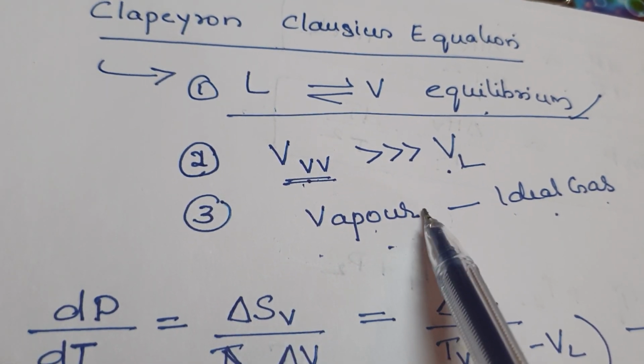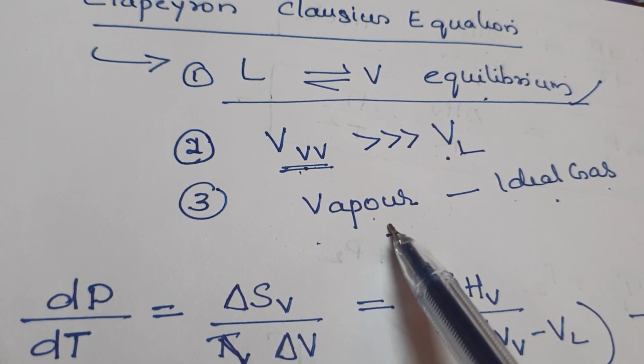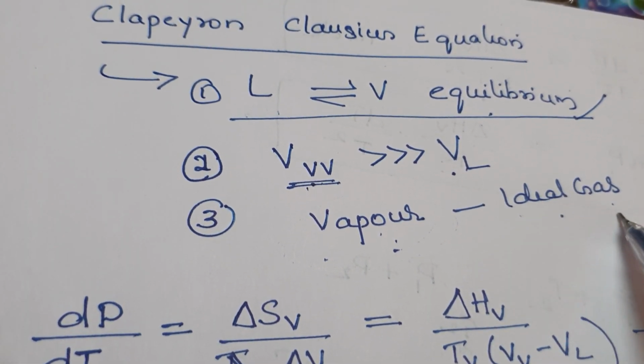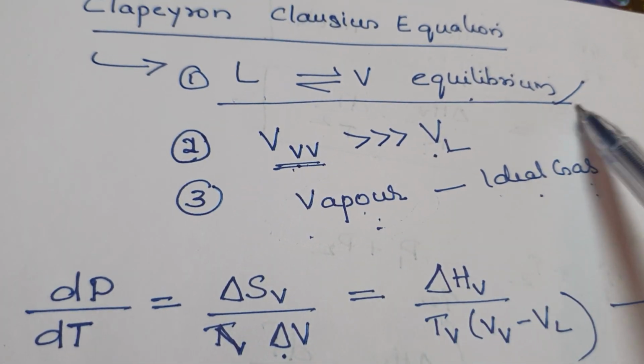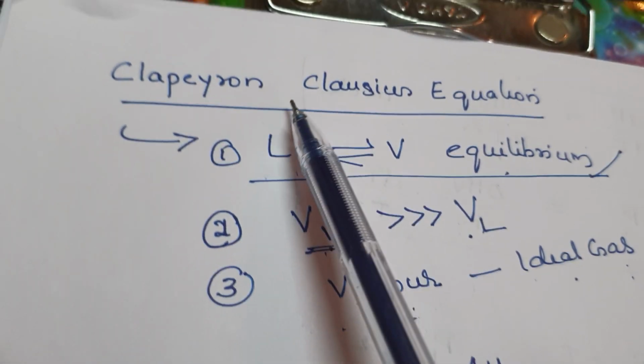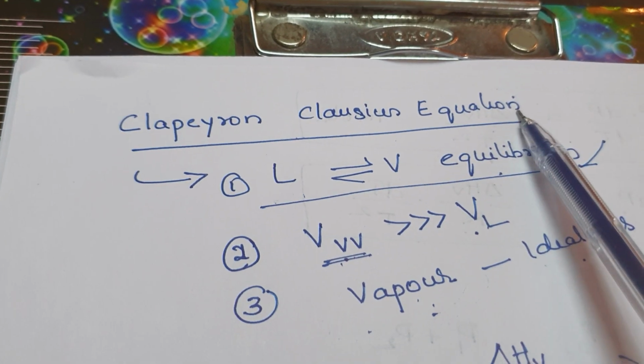Then the third one is that this vapor will be behaving as an ideal gas. So these three limitations we are applying to the Clapeyron equation, and now we get the Clapeyron-Clausius equation.